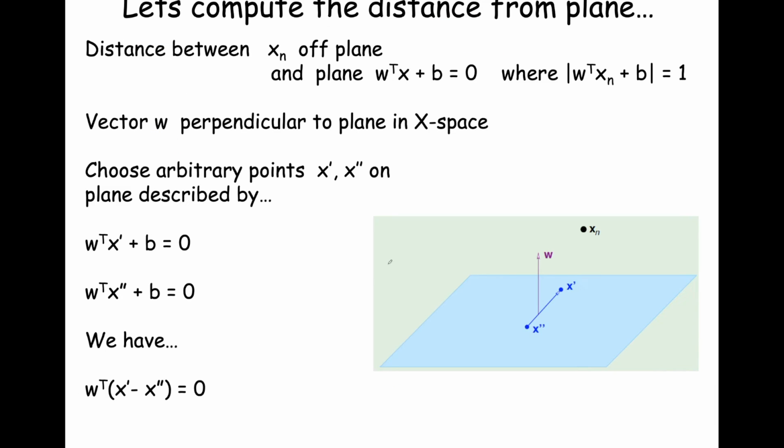And so for that off-plane point closest to the hyperplane, Xn, we have W transpose Xn plus B in absolute value is equal to 1. And we know we can always scale W up and down with a scalar to make sure that for the closest point to the hyperplane this is the case.